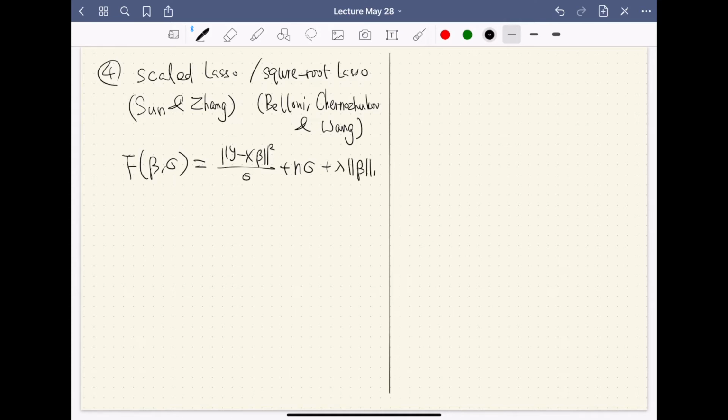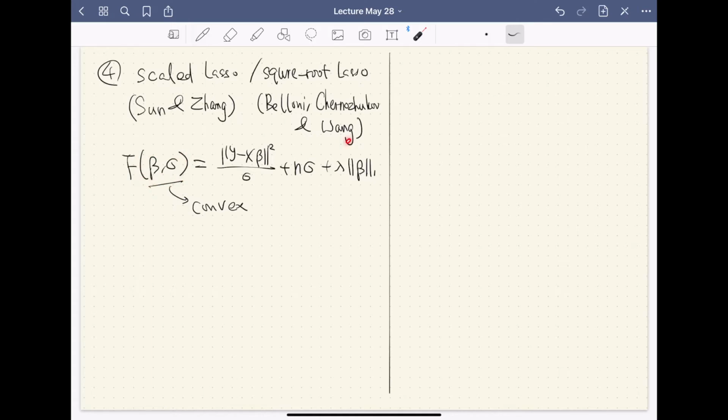Now, there are several properties of this function. First of all, this is a convex function. Not only is it convex in beta, and convex in sigma, but it is actually jointly convex in both beta and sigma.